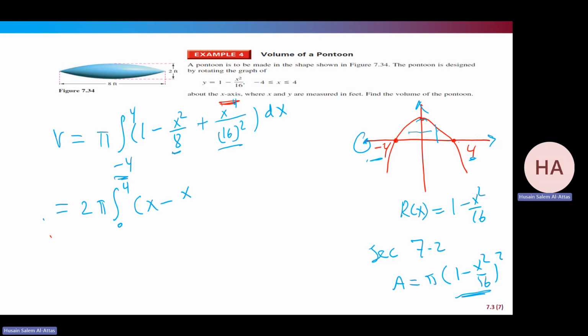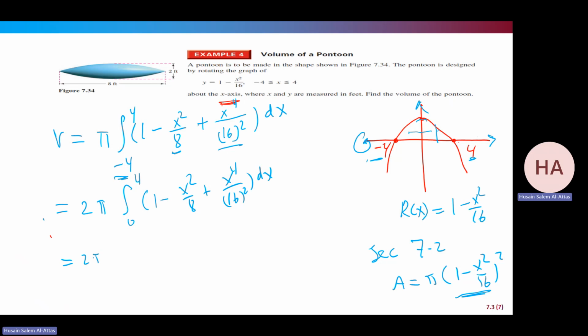I have x minus x cubed over 24 plus x to the power 5 over 4, 16 squared. Yeah, this is not the integral. Wait a minute. Yeah, I'm doing 2 steps at the same time. So this is the integral. Let me do it in steps. From 0 to 4 of this times 2.